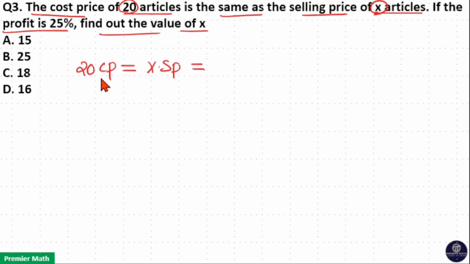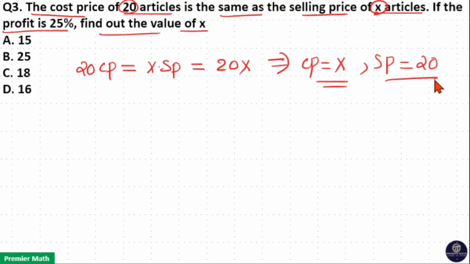If I take cost price of 20 articles and selling price of X articles as 20 into x, that is 20x, then you can see cost price will be equal to x, as 20 and 20 cancel. And selling price will be equal to 20, as x and x cancel. So here I got cost price as x and selling price as 20.